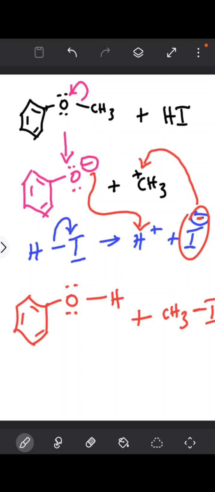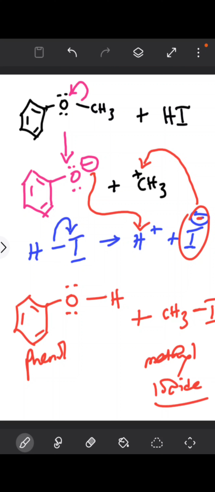So basically I'm going to have methyl iodide, and this is phenol. Yeah, this is phenol, so I'm going to have phenol and methyl iodide as the two products.